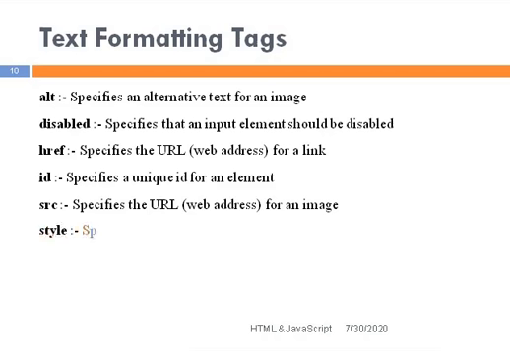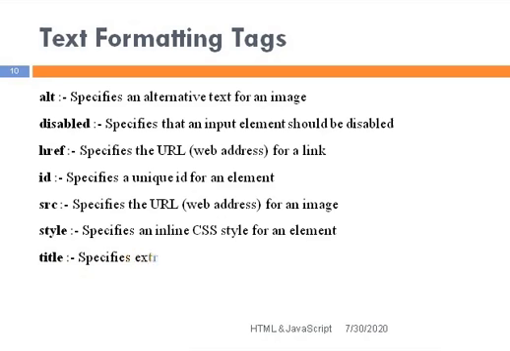So next tag is style. The style tag specifies an inline CSS style for an element. CSS is nothing but cascading style sheet. We have not seen this. We will see this CSS later. Okay. Now next one is the title tag. We have seen the example of title tag in one of our slides. It specifies extra information about an element displayed as a tooltip.